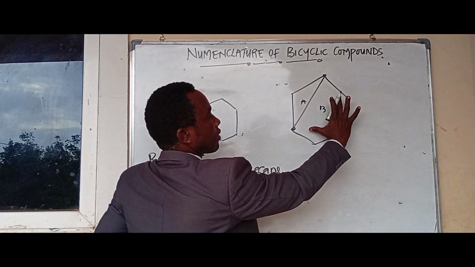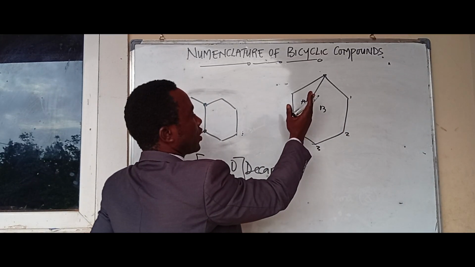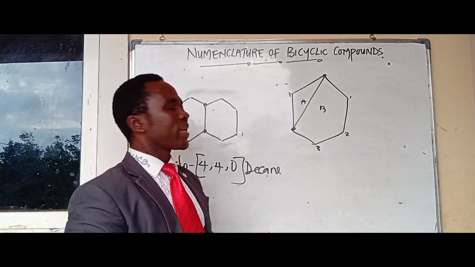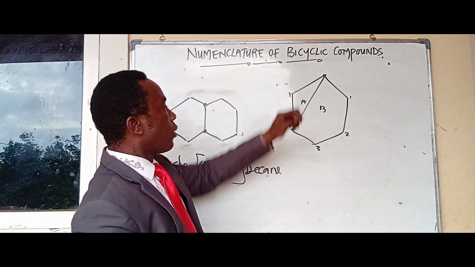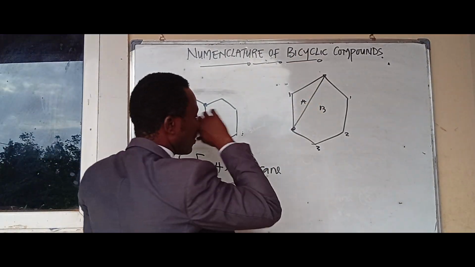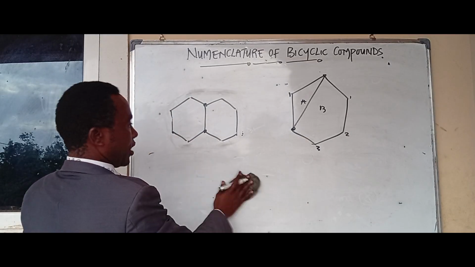Now, how many carbons are this side? 1, 2, 3. How many carbons are this side? This is just 1. Anytime you are numbering a bicyclic compound, you must number from the bridge.